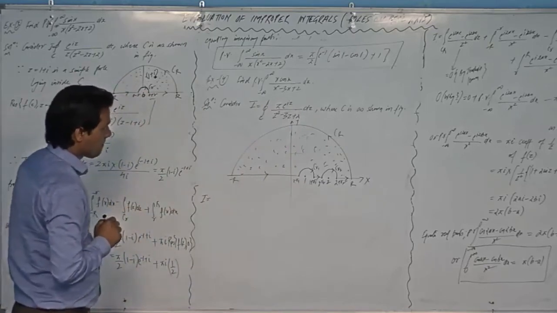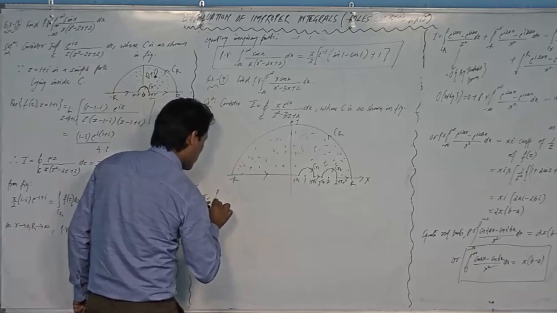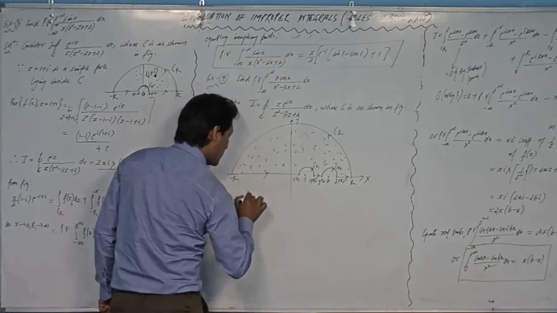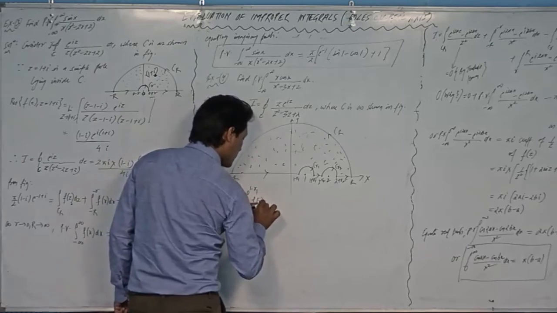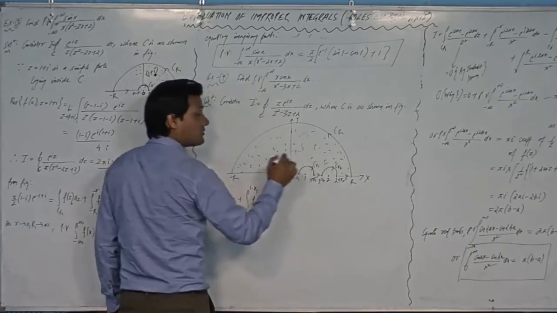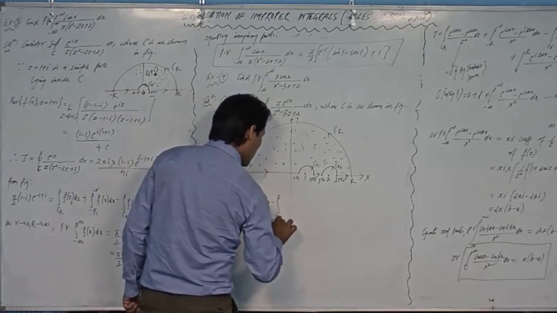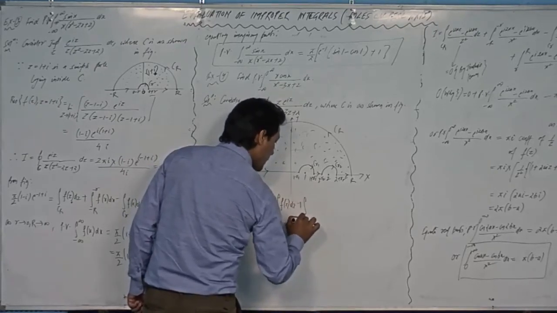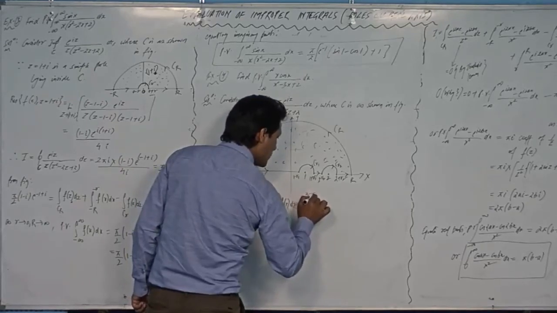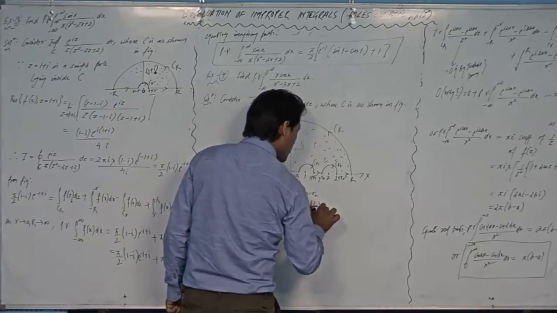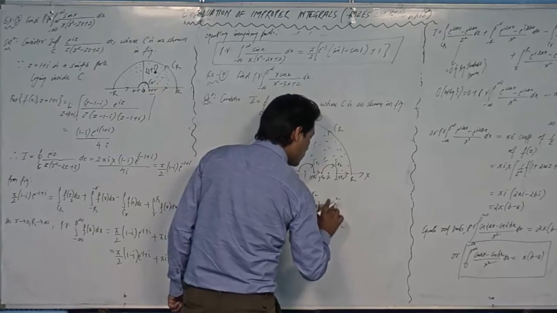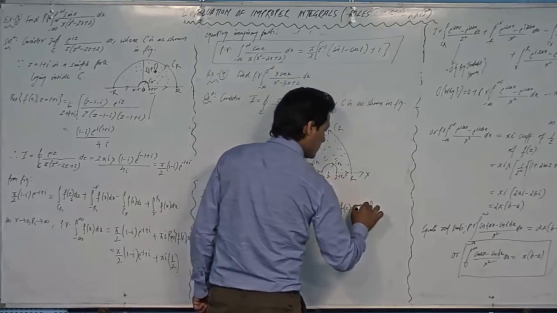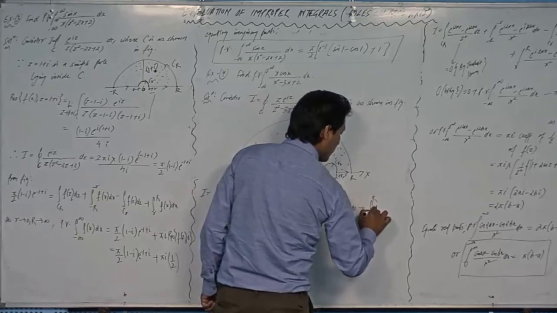I equal to, first one is this bigger arc CR f(z) dz, then this real interval minus R to 1 minus small r1 f(x) dx, then again this semicircular arc, but in negative direction, this is clockwise, minus of CR1 f(z) dz, and now see this small interval 1 plus r1 to 2 minus r2, f(x) dx, again this semicircle CR2, but I should put a minus sign here, f(z) dz, then this last interval 2 plus r2 to capital R f(x) dx.